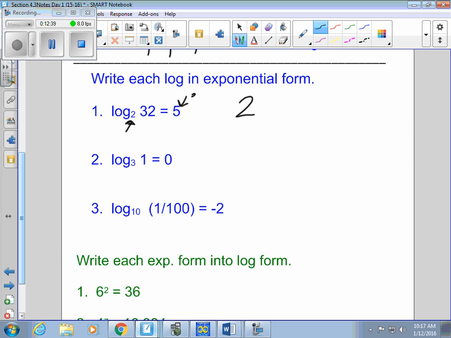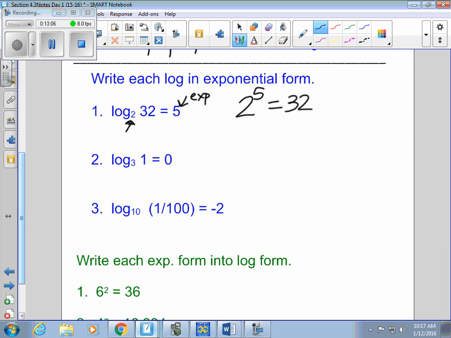The 5 is my exponent. Equals the number that you haven't used, whatever you took the log of, 32. Is 2 to the 5th power equal to 32? Yeah, it is. Keep your base the same. The answer to the problem is your exponent. What you took the log of is on the other side of your exponential function.